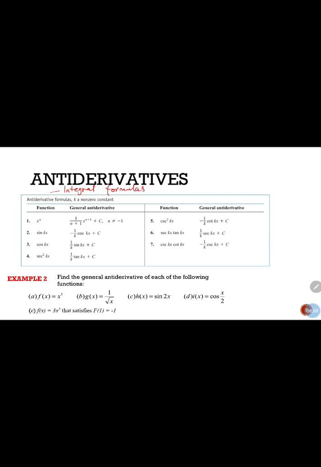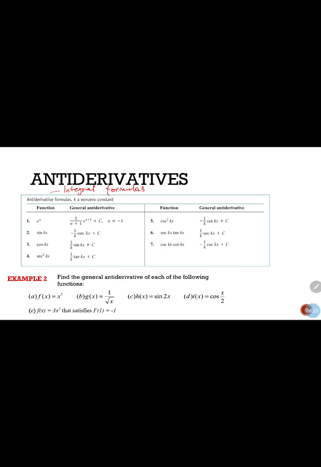I really don't have to explain any further, because you have come across these integral formulas or antiderivative formulas many times before.